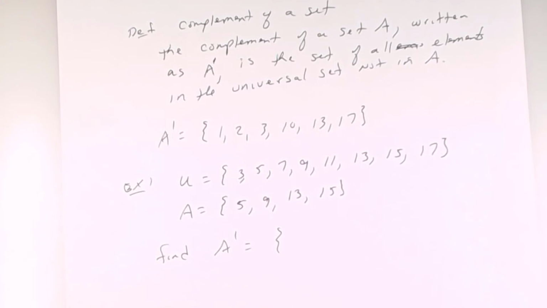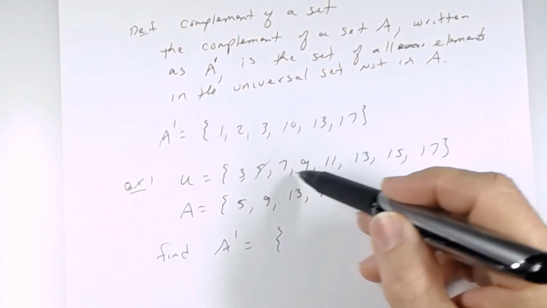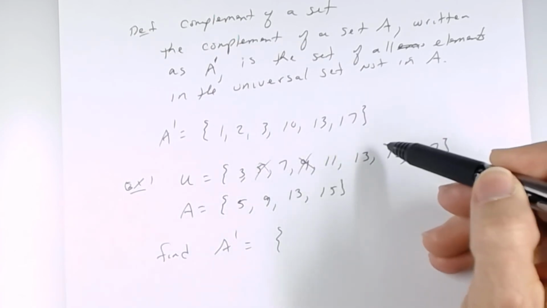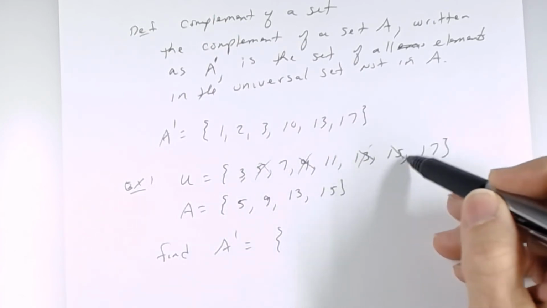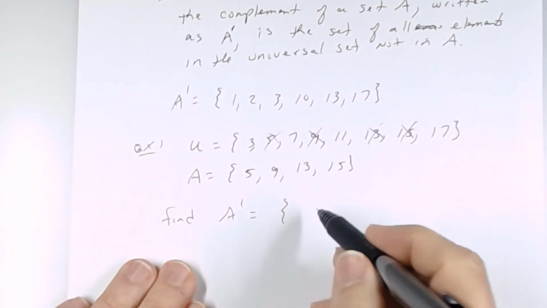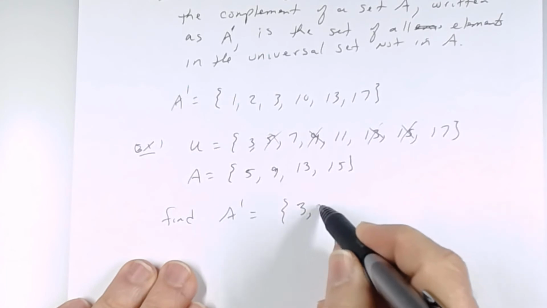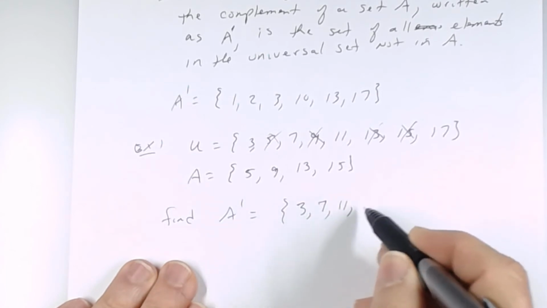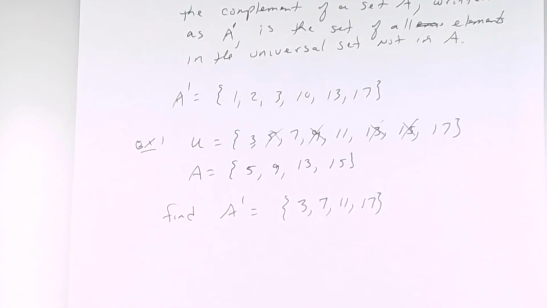Remember, A complement means everything in the universal set except A. So go to the universal set and cross out A. What do I cross out in that universal set? 5, 9, 13, 15. So therefore, what's left? 3, 7, 11, and 17. So that's A complement.